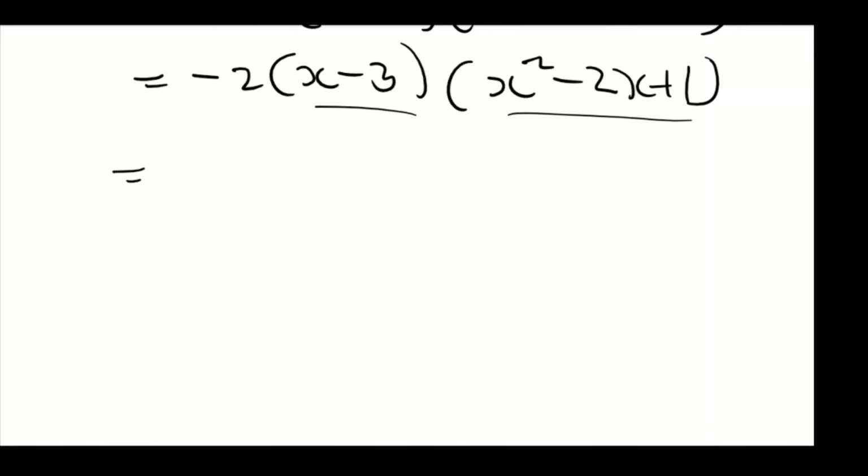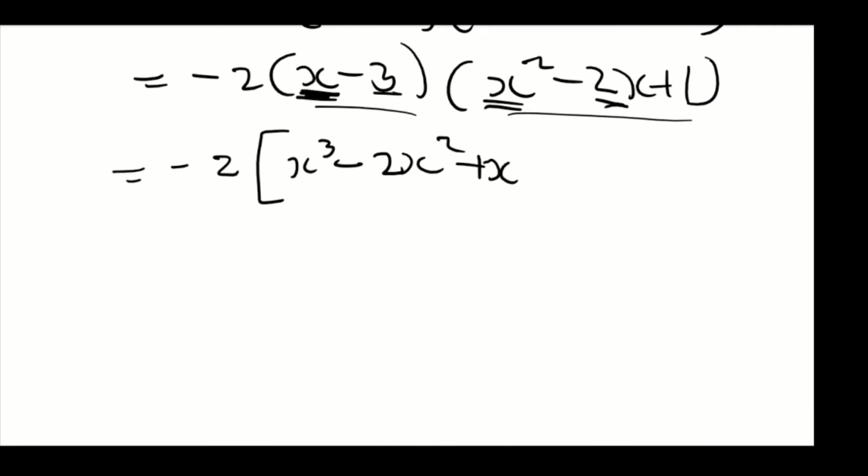So it's going to be equal to minus 2 into x cubed, this multiplied by that, and then the x multiplied by minus 2 is going to be minus 2x squared, and the x multiplied by 1 is going to be plus x, and then this minus 3 times x squared is going to be minus 3x squared, and then minus 3 times minus 2x is going to be plus 6x, minus 3 times 1 is going to be minus 3, right?